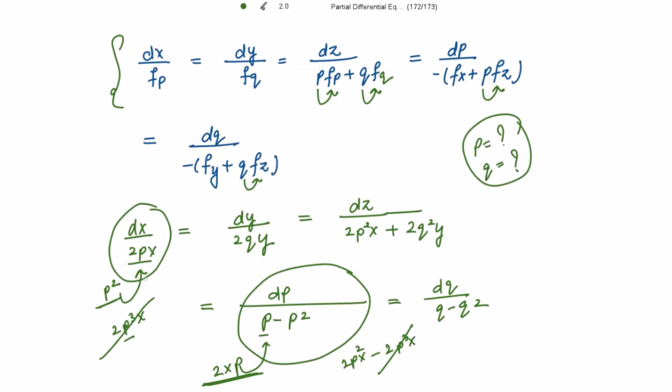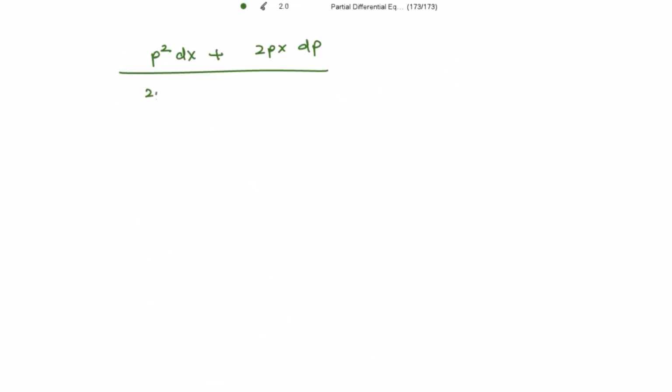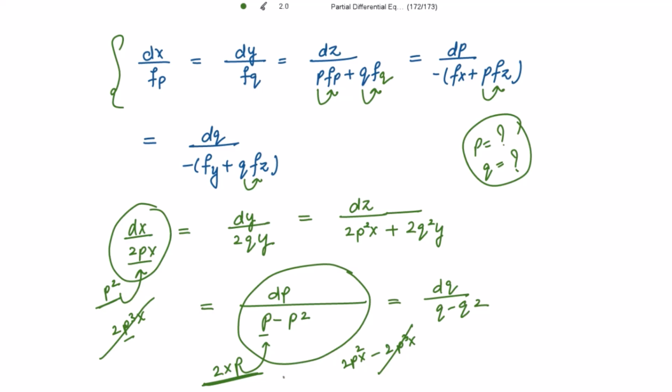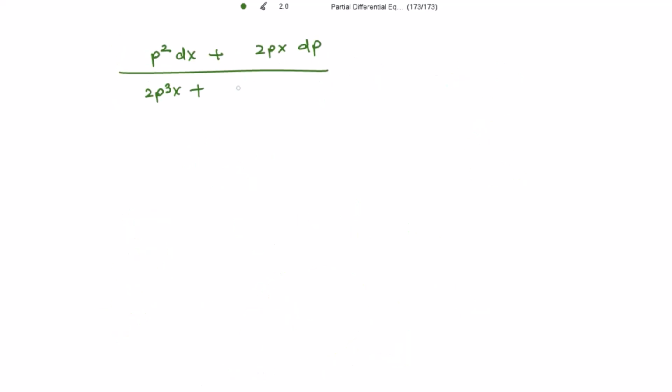So I'm managing the numerator to be p square dx, adding this to 2px dp, and in the denominator from here we get 2p cube x, plus from here we get 2p square x minus 2p cube x.